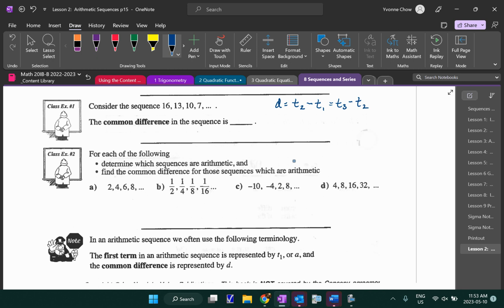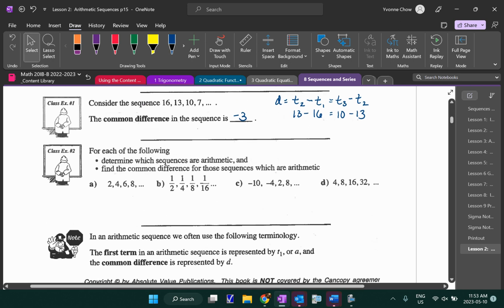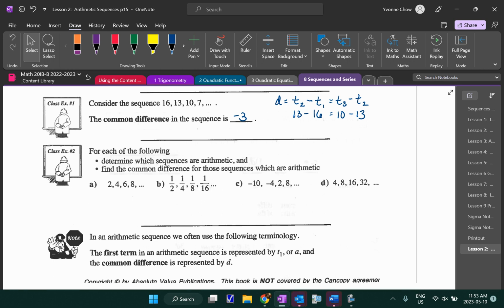Either way we look at it, 13 minus 16, or 10 minus 13, or 7 minus 10, the common difference is negative 3. That is how we can tell if we have an arithmetic sequence: there will be a common difference. If there is no common difference, it is not arithmetic.